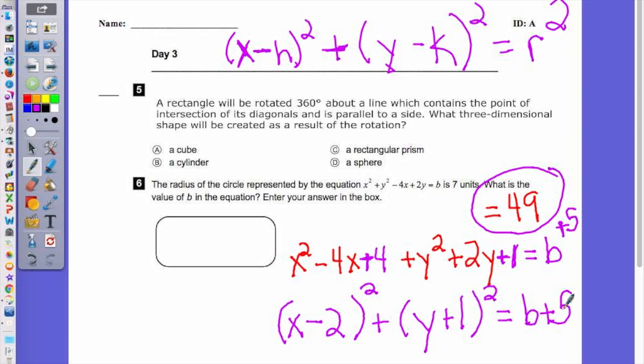But b plus 5 has to equal what? 49. So b has to equal what? 44, because 44 plus 5 equals 49. If it doesn't, then this equation doesn't work.